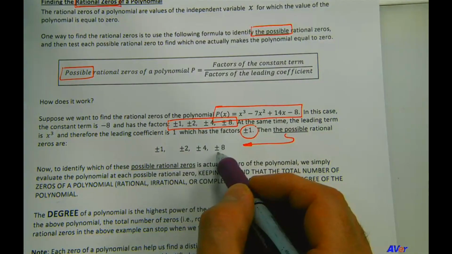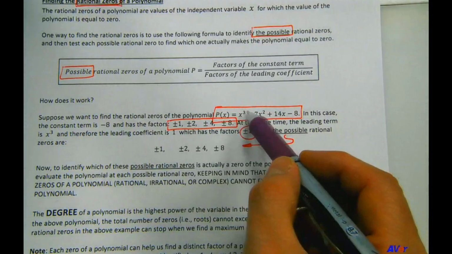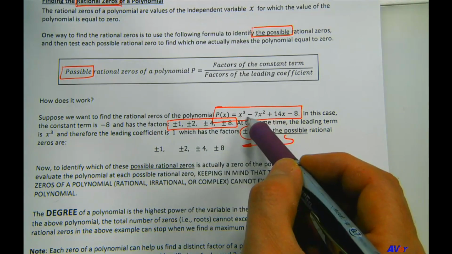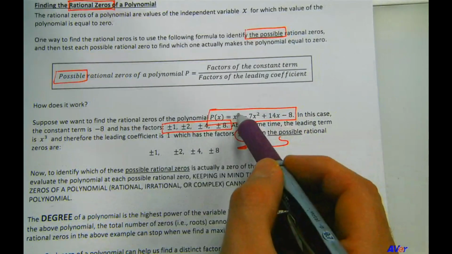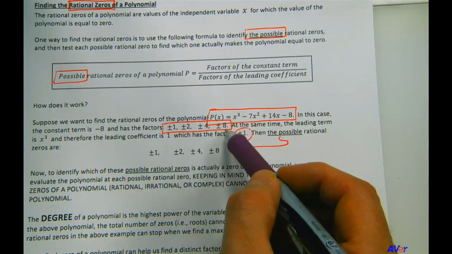Do you know why? Because in any polynomial, the highest power tells us about all the zeros that the polynomial can have. So if you have the highest power 5, let's say, the most number of zeros you can have is 5.